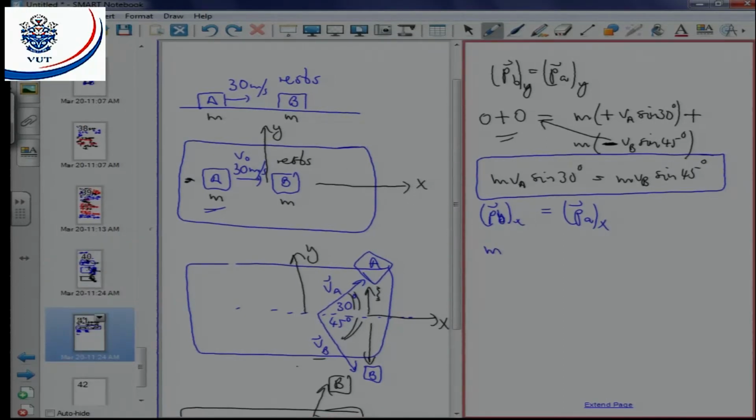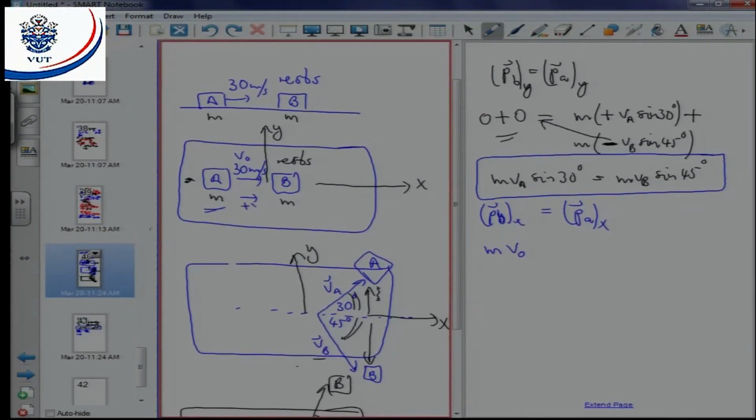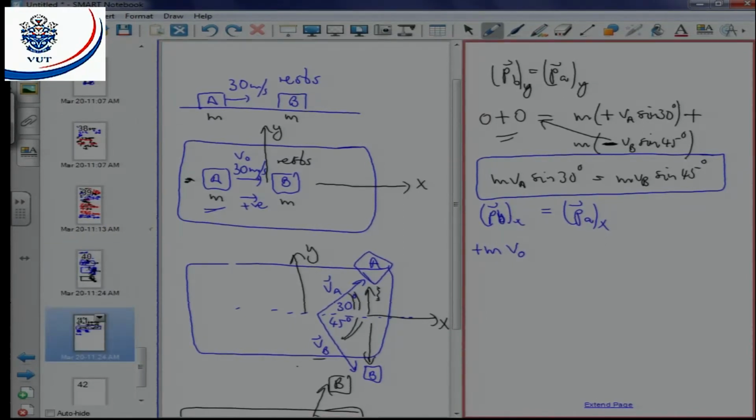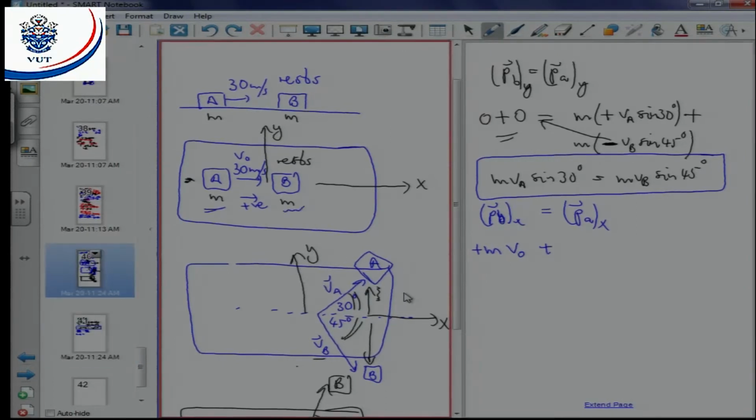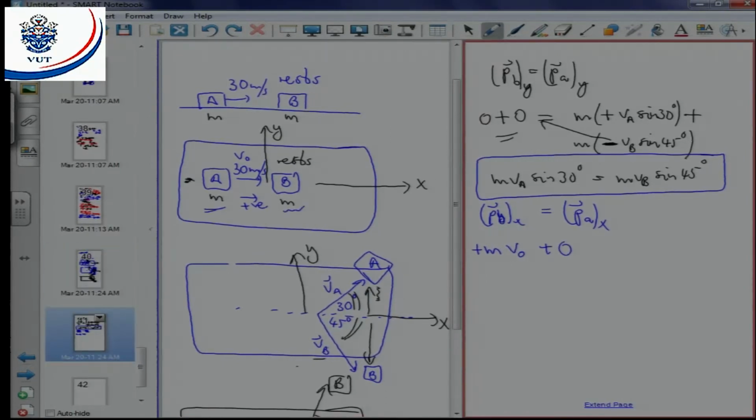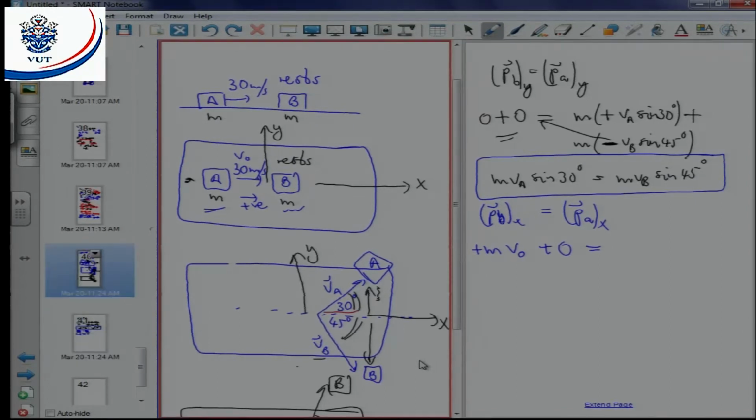So it's mass of A, which is m, times the speed, which is V naught, and the speed is in the positive direction of x, so this is a plus, and plus this is resting initially, B is resting, so plus 0 equals, then the momentum after for the x components for both, so you can see that the x component for A is that direction, the x component for B is that direction, which both are positive.